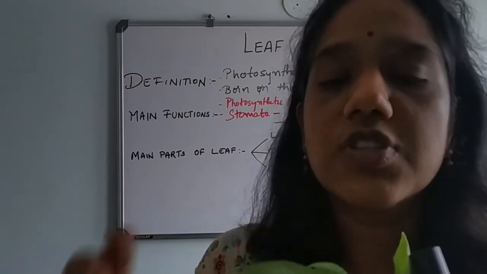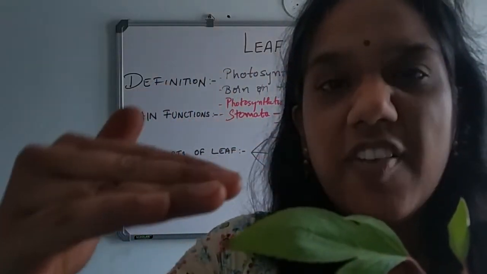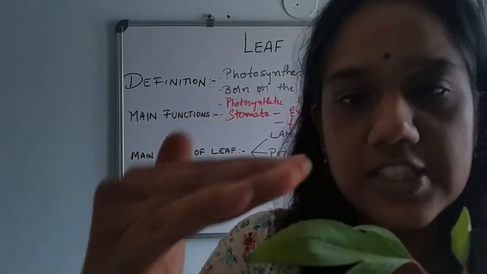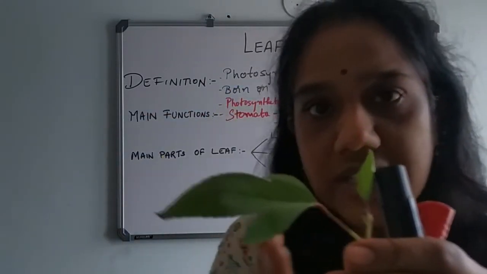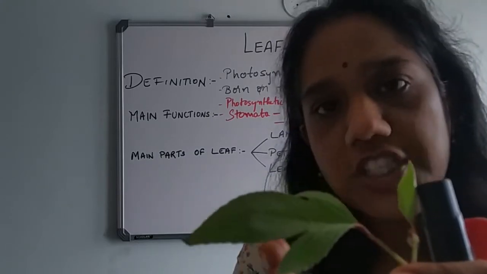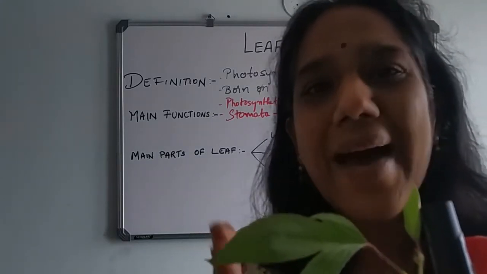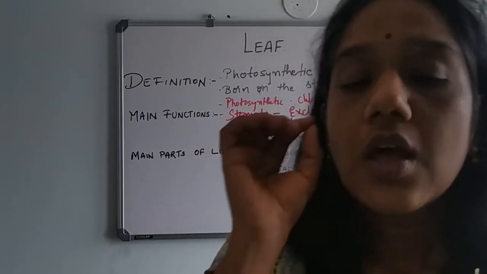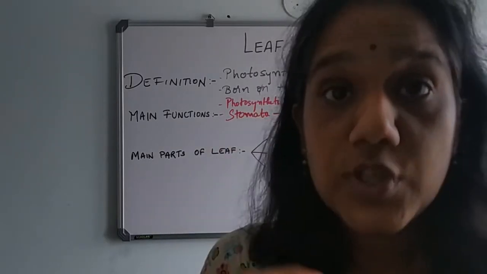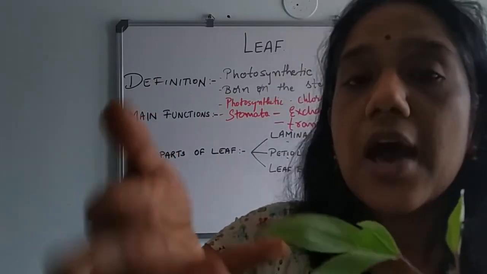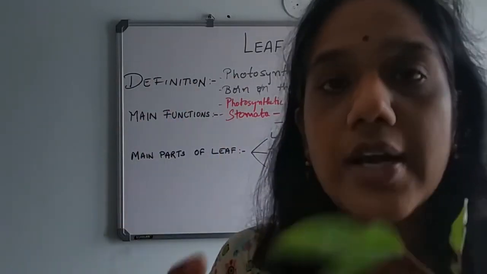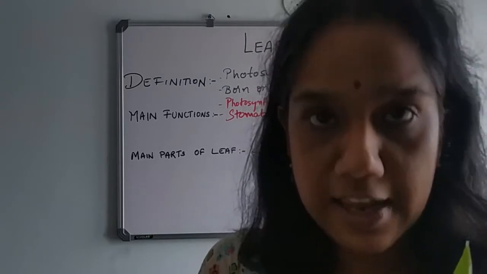Students, two surfaces. The upper surface, or the ventral surface, is called the adaxial surface. The lower surface, or the dorsal surface, is called the abaxial surface. Those leaves which have a difference in the adaxial and the abaxial regions, we call dorsiventral leaves.